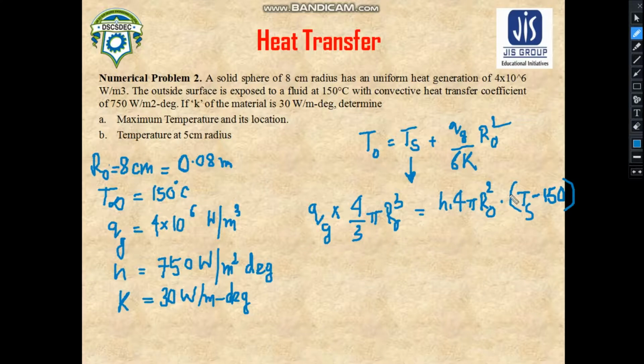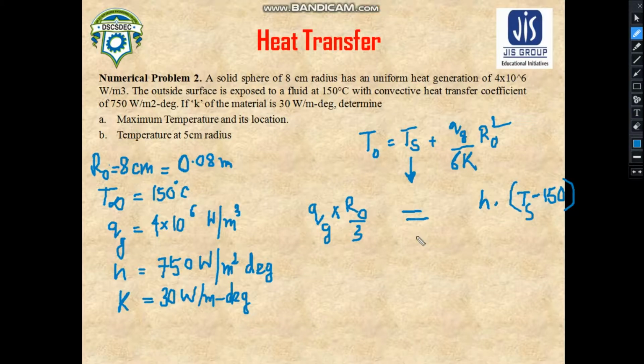Now the question is to find this Ts. After doing simple calculations, you will understand that this part will be removed from this equation. Similarly, this would also be removed, and this can also be removed. So the equation remains like this: Qg into R0 by 3 is equal to H into (Ts minus 150).